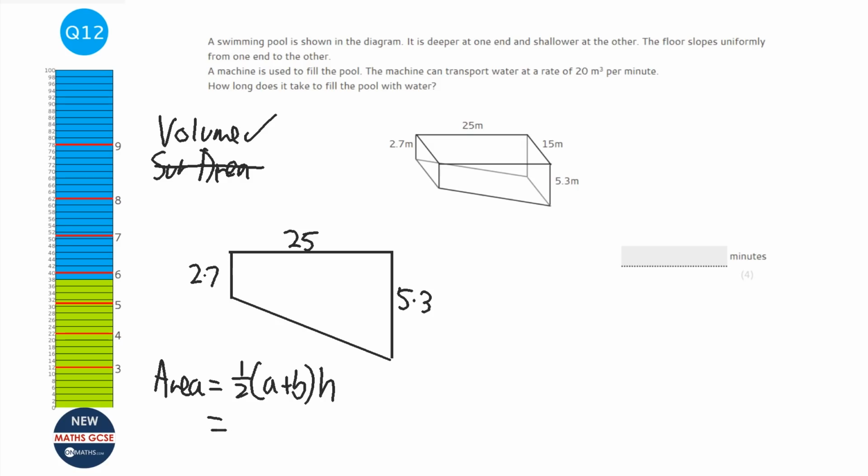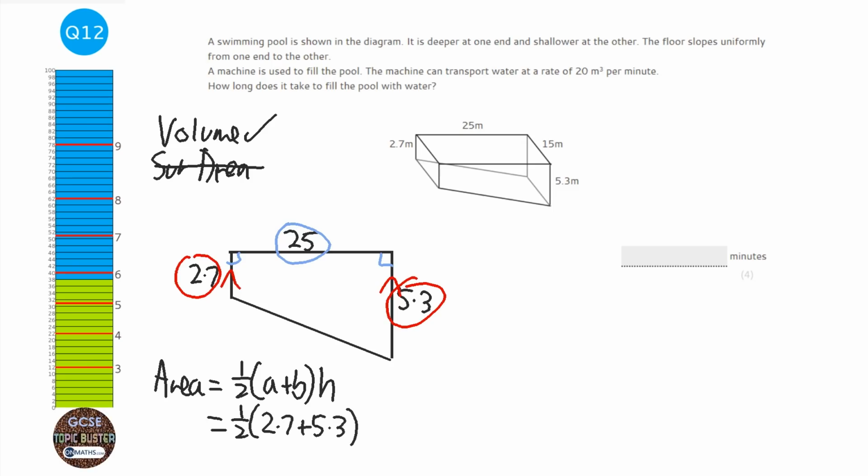A and b are always the two parallel sides, and then the height is the one that connects them at right angles. So the height is going to be 25 there. And all you're doing is working out the average of the two bases, the 2.7 and the 5.3, and we're going to times that by 25.